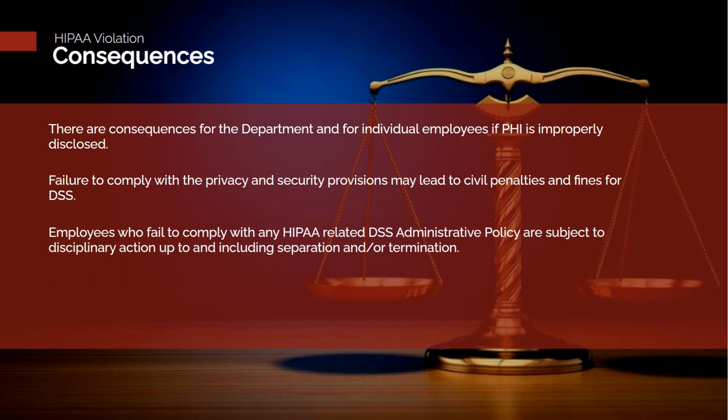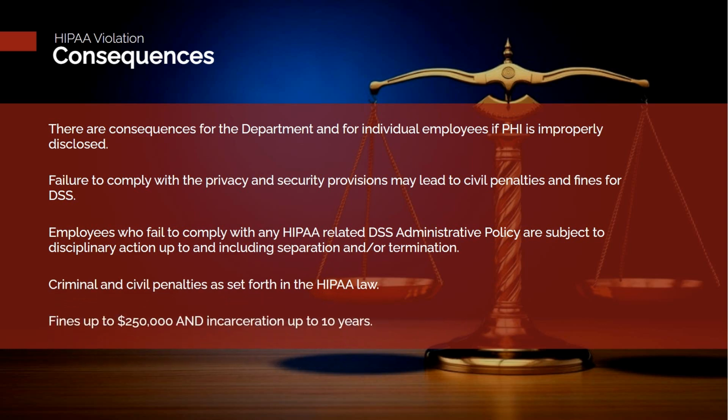Employees who fail to comply with any HIPAA-related DSS policy are subject to disciplinary action up to and including separation and/or termination. HIPAA also sets forth criminal and civil penalties for violations. These penalties can include fines up to $250,000 and incarceration for up to 10 years.